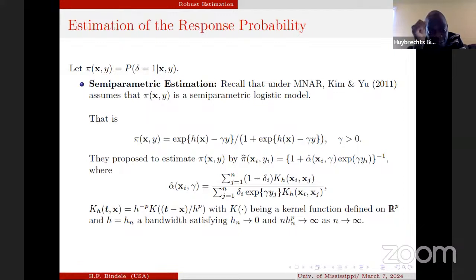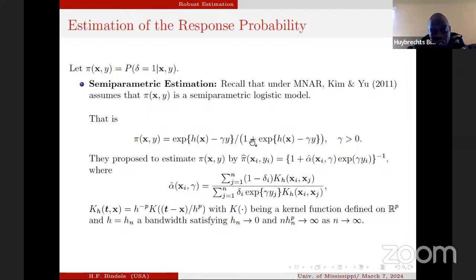As we define it, two things can happen. We can assume that delta follows a logistic model, which means we can write the functional form of pi of x, y, as I wrote it here. But when we do that, we end up with a situation that we have to worry about.